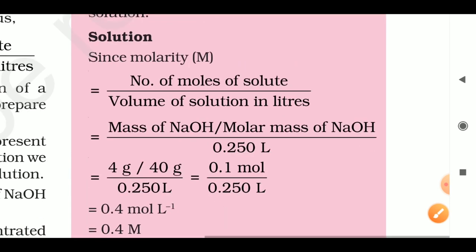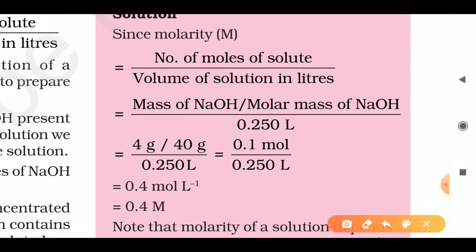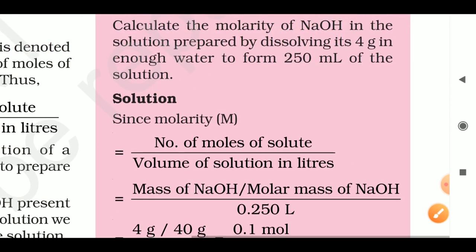Now the volume of solution in liter is given, 0.250 liter. So its answer is 0.4 mole per liter. We can calculate the molarity of this solution is 0.4 M, capital M. That is the molarity. We can find out the molarity by this formula. Clear?